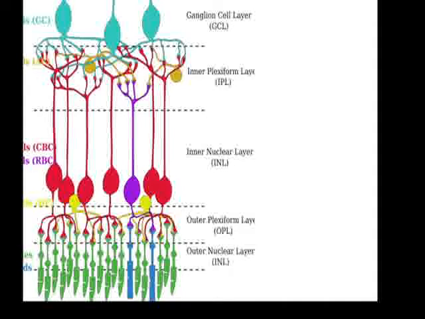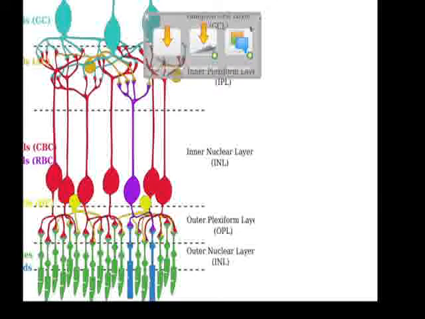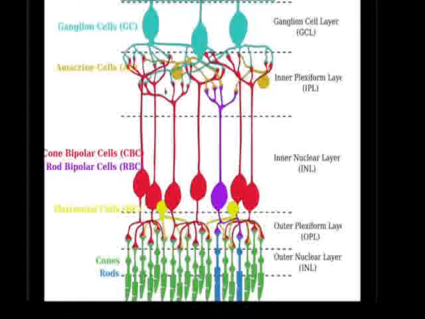So let's just make a quick copy of that so that we can comment on it. So the important points are this inner layer here and the outer. If you focus on these just for a minute, the key players here are the photoreceptors, which we have down here, the rods and cones.